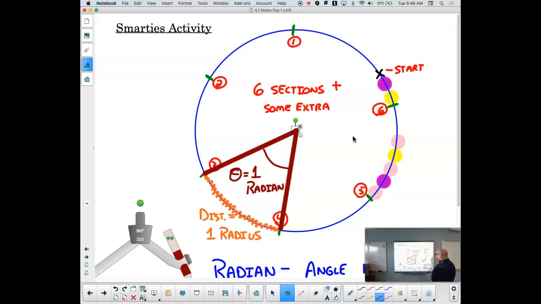Now, this extra part for me had 2 Smarties over 7 for a full radian. Well, the number 2 divided by 7 is equal to 0.28571.